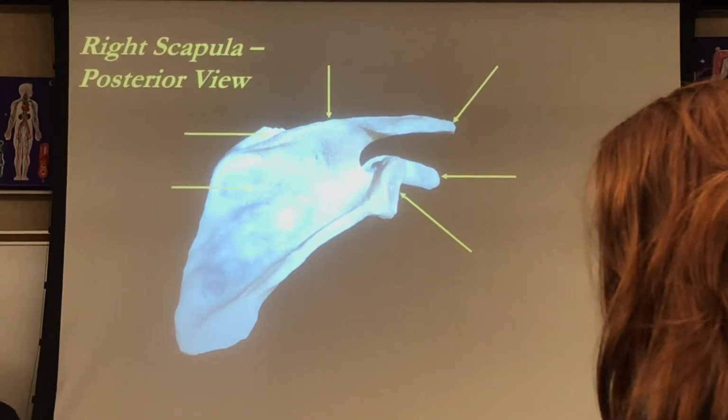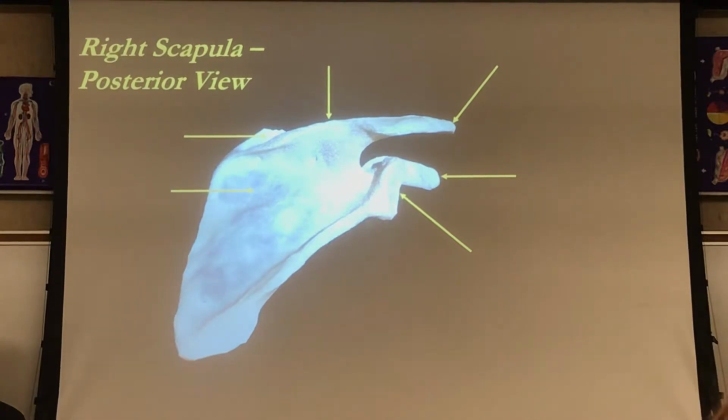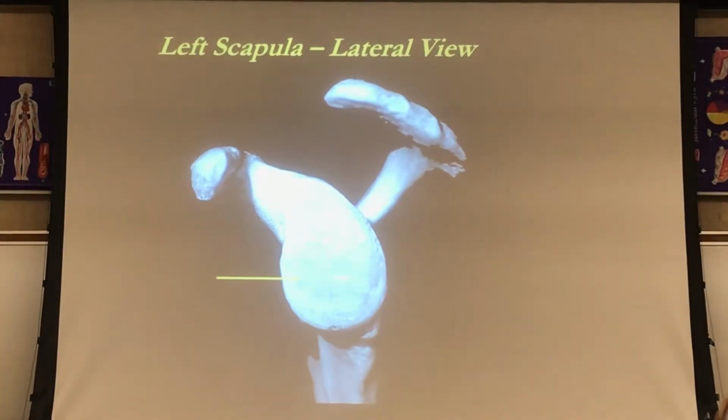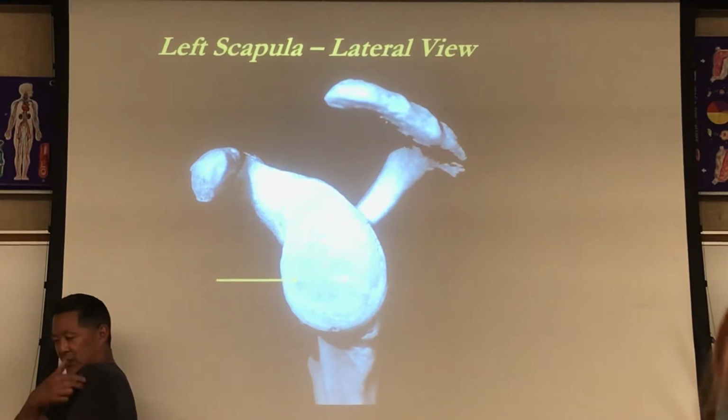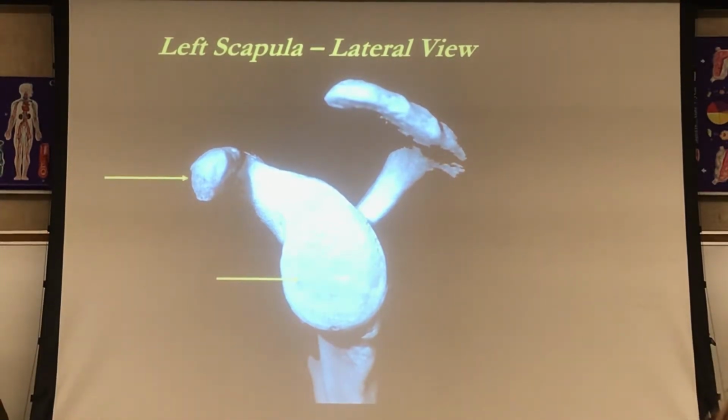Any of these are fair game, and this is your best friend, because I'll tell you what, in the skeletal system there is way more landmarks than this. This is the limiting list of what I can ask you. Lateral view. So if this is the left scapula, you're looking at this scapula, which means that's anterior. And that's a coracoid process.